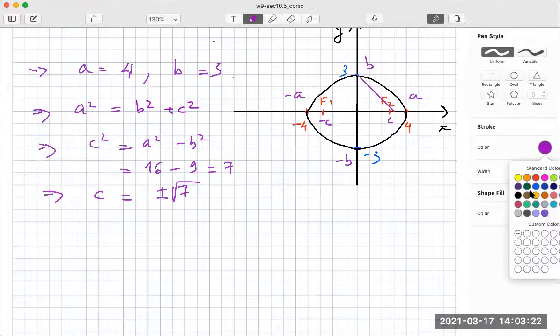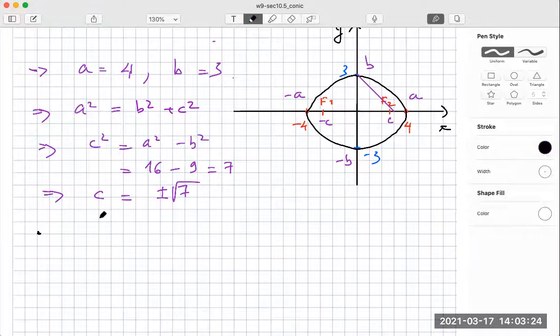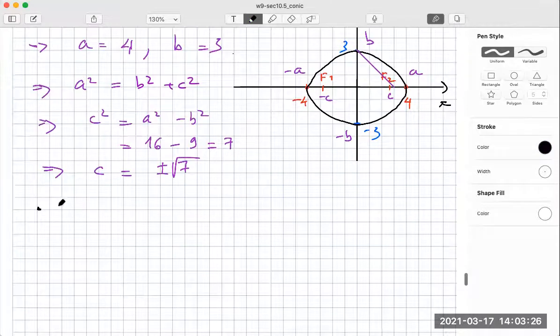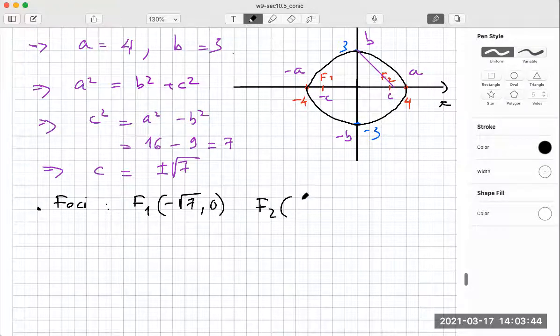Let us list all these things. So first, the foci will be F1, and what is it? Which is minus, yes. And F2 will be? So the foci we know, right?